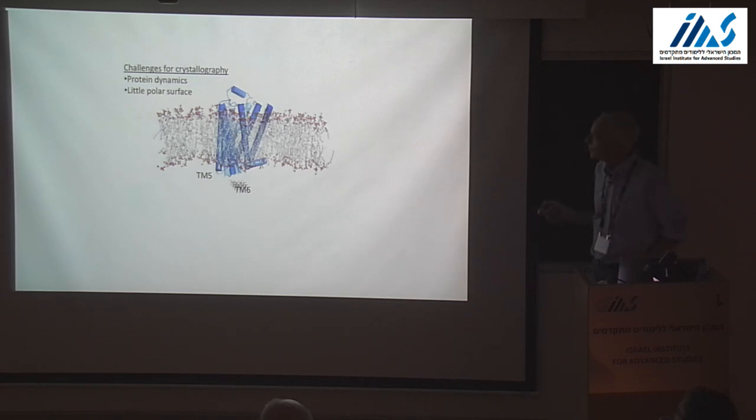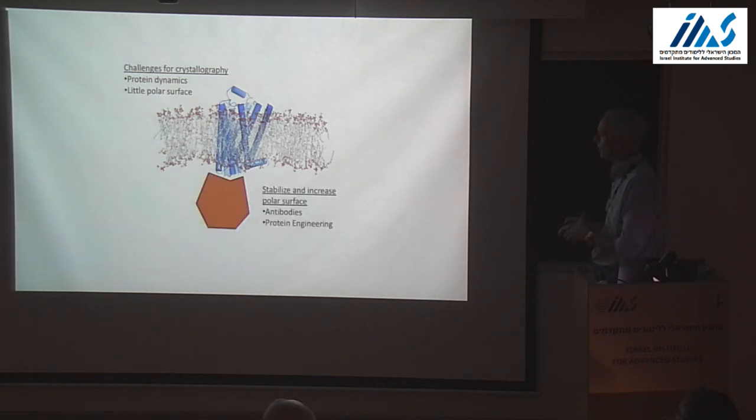And in 2005, two really talented postdocs joined the lab, and they took on this problem with two different strategies. One, we developed an antibody that recognized this particularly dynamic region, in the hopes of stabilizing it and also providing polar surface. And the other one was protein engineering, more or less inserting a well-behaved protein in this region.